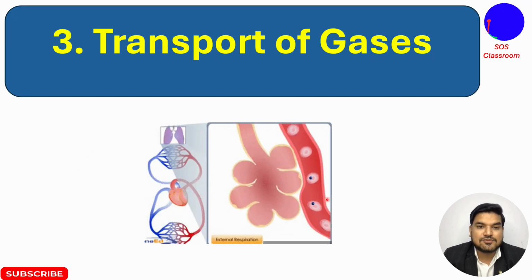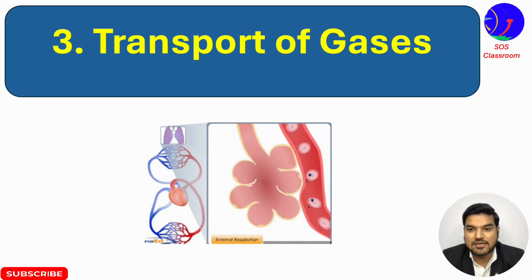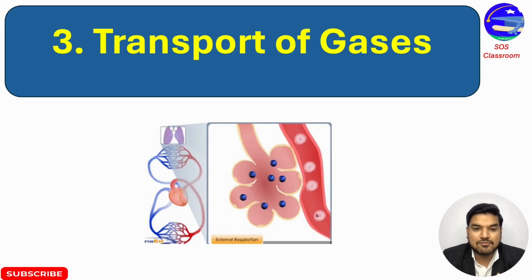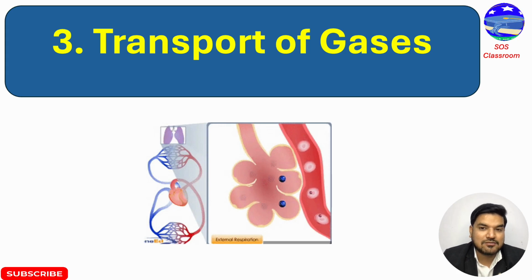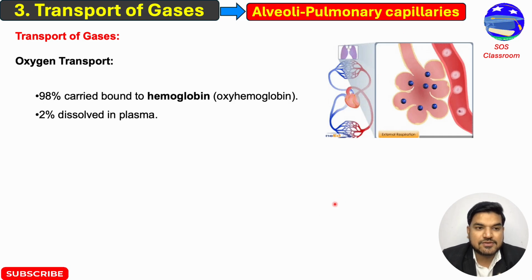Next, third is the transport of gases. Transport of gases means how oxygen moves from the alveoli to the pulmonary capillaries, and how carbon dioxide moves from the pulmonary capillaries into the alveoli. First of all, oxygen transport.